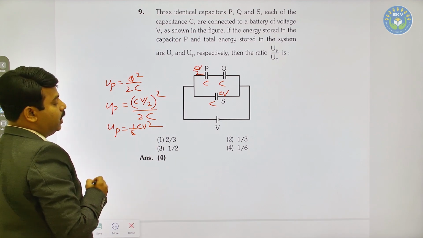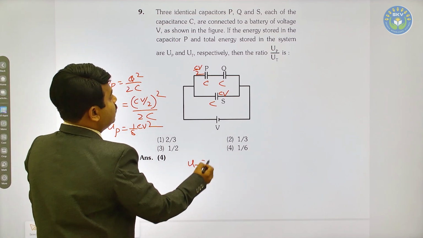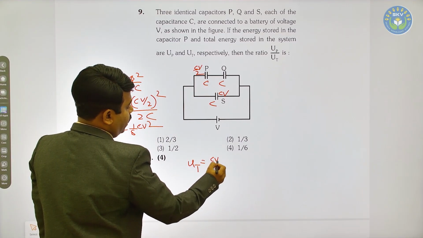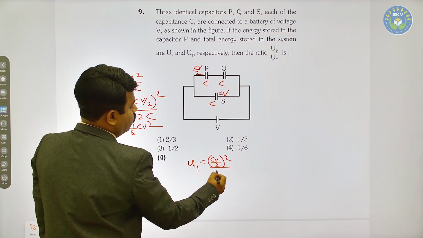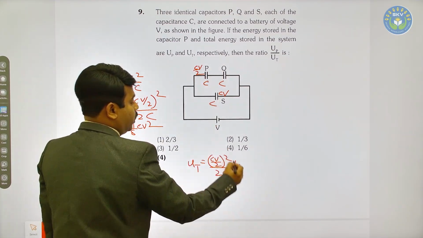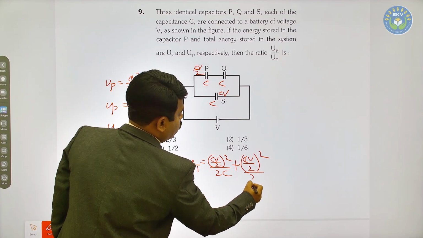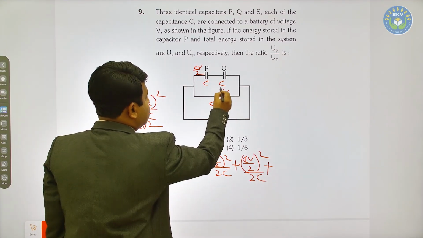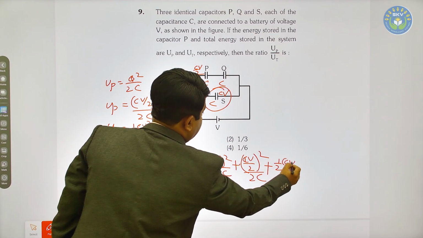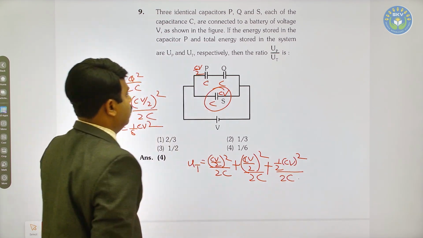Right. Now, if I calculate the total UT, for this capacitance the energy we can write is CV by 2 the whole square divided by 2C. Again, same capacitance, same charge flowing, so CV by 2 the whole square divided by 2C plus, and this capacitor has some energy, that is half CV square divided by 2C, right.